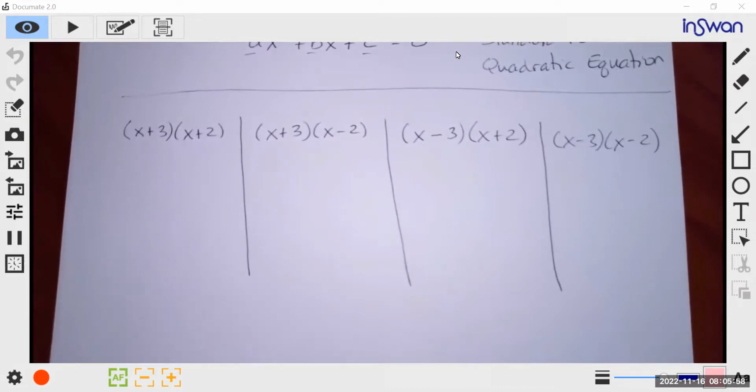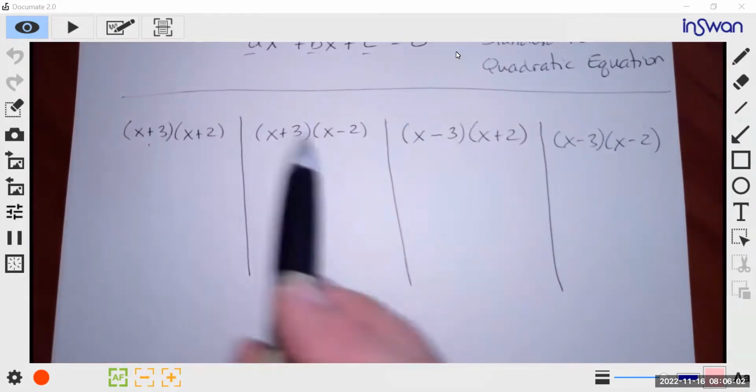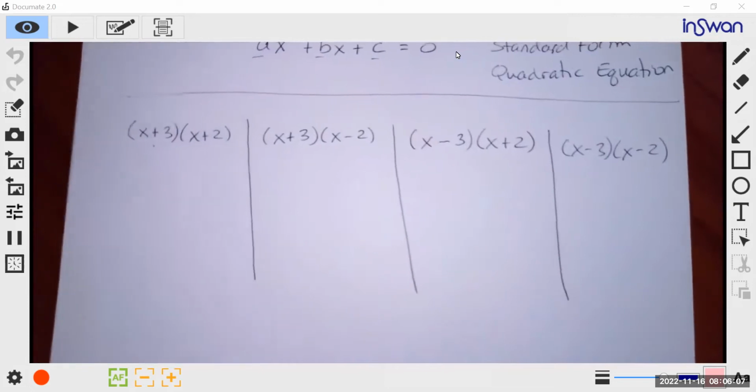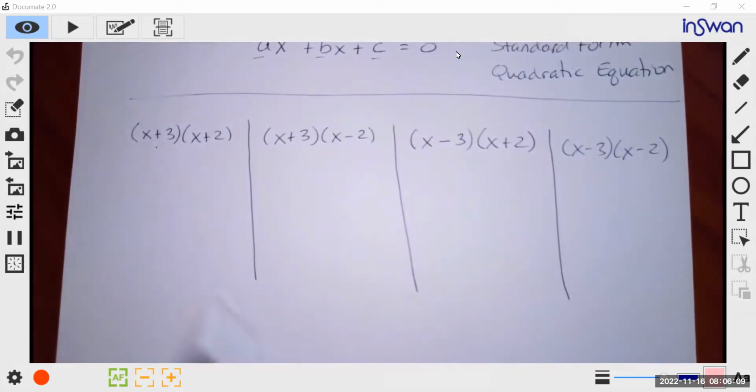The only thing I've changed in these are the signs between the numbers and letters. It's plus, plus, plus, minus, minus, plus, minus, minus. And then I had you FOIL these out, multiply these out.